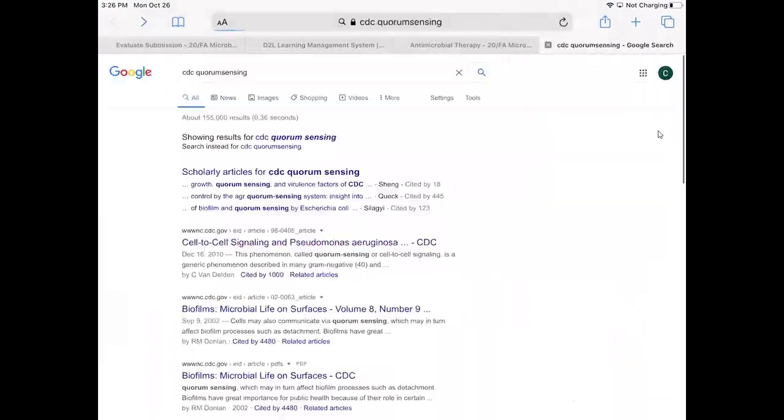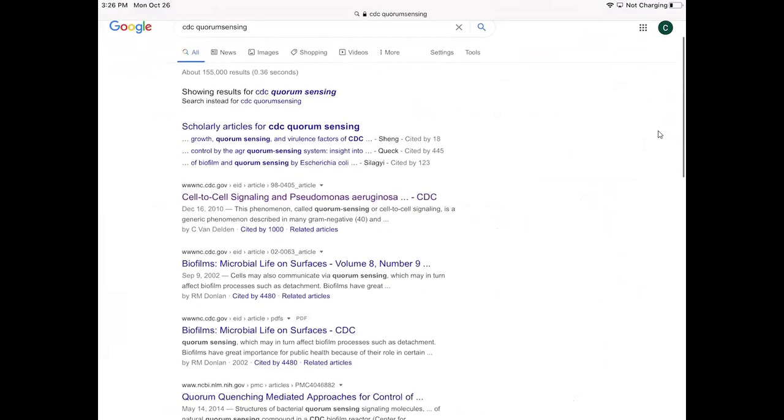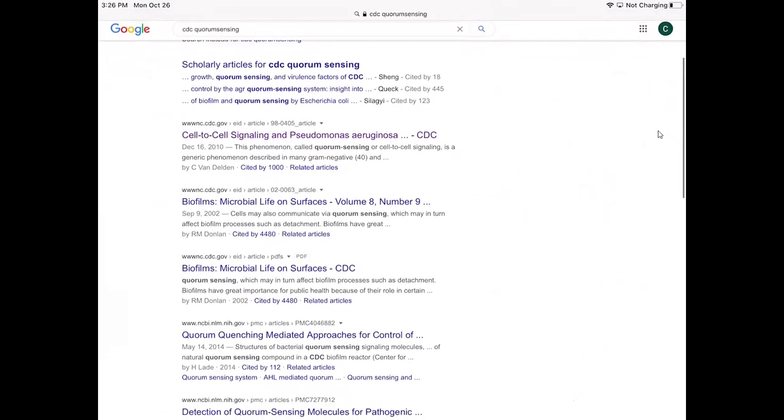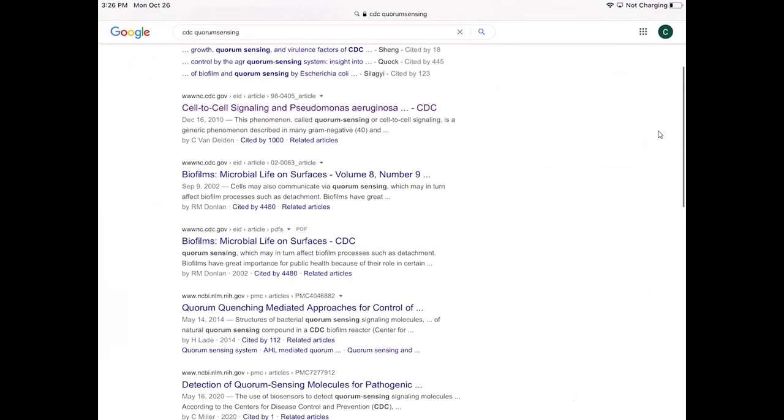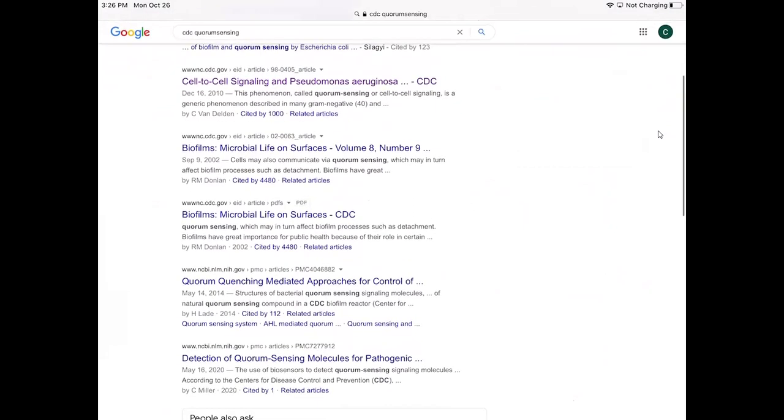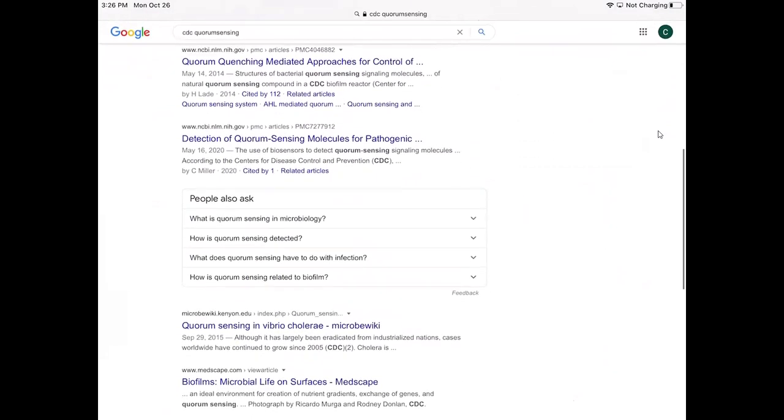So it's not as bad. So it's just a different way. Instead of using an antibiotic that might develop resistance, if they can stop it from talking to each other, it's a way to control it without having to use antibiotics.